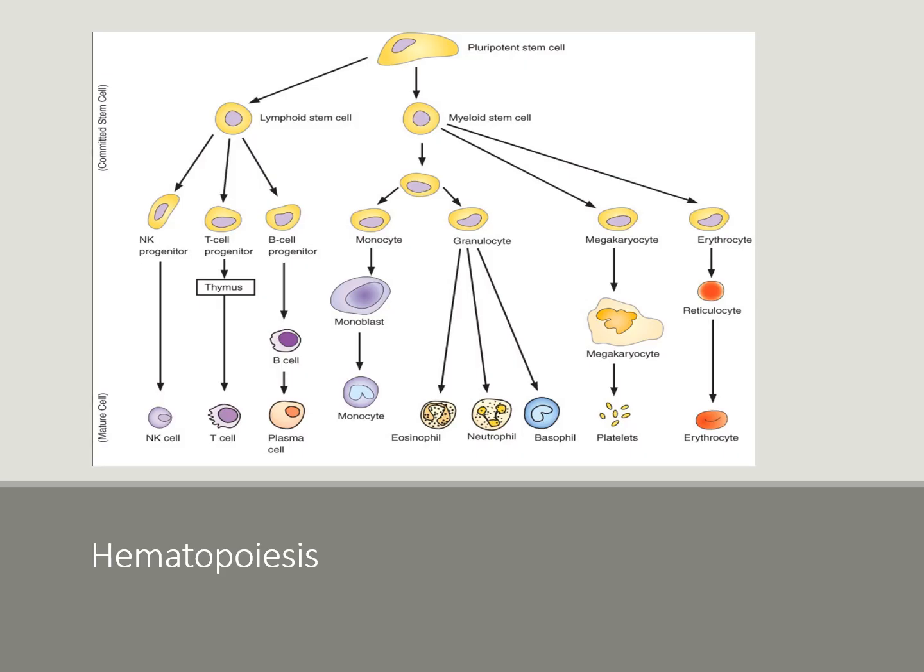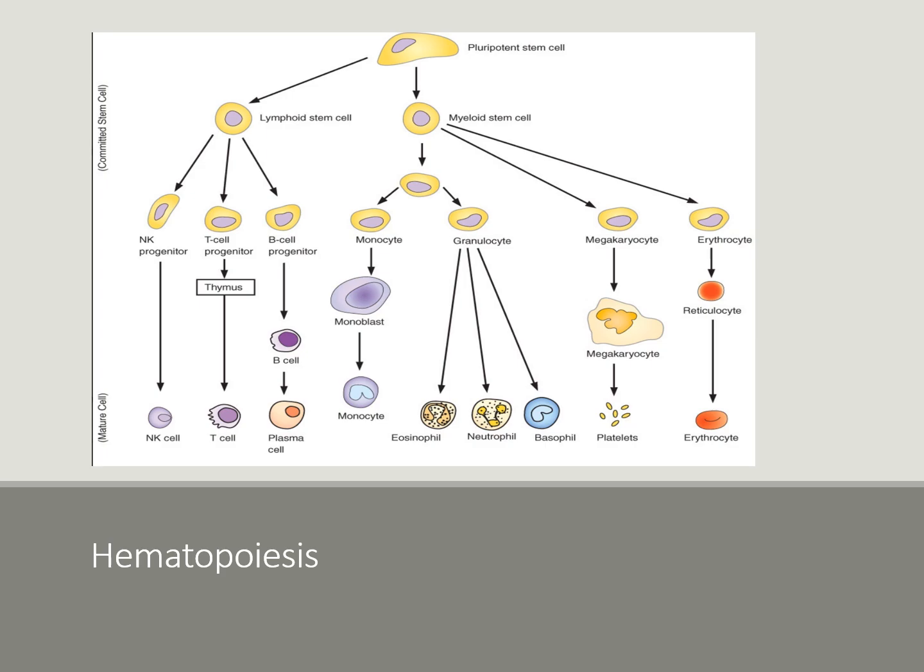So the lymphoid stem cells branch off into these unipotent or parent cells: natural killer cell progenitors, T cell progenitors, or B cell progenitors. And then these go on to create either NK cells, T cells, or B cells.